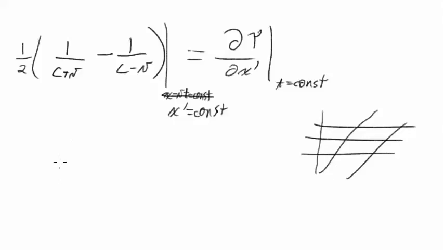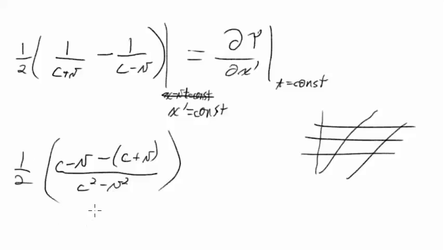But anyway, this simplifies to c minus v minus c plus v would be minus c plus v over c squared minus v squared. And we'll be taking 1/2 of that quantity, which is c minus c is 0. Negative v minus v is minus 2v, so minus v over c squared minus v squared equals del tau del x prime.